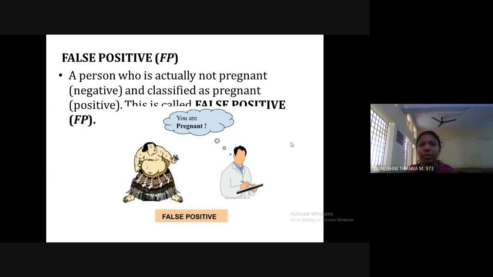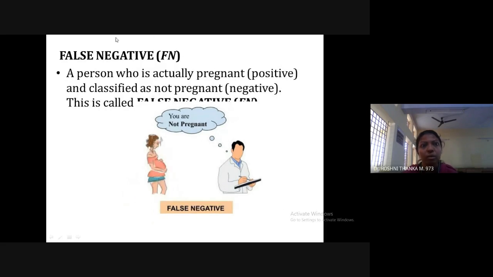A person who is actually not pregnant, but the model is saying pregnant, which is positive, but it is false. And what is false negative? The model is saying the person is not pregnant, so it is a negative result.